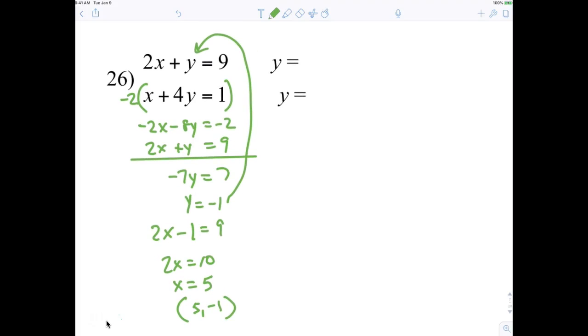So here we go. Now, for this, I just need to move the 2x, right? So do I really need a parentheses on this one? No, because I'm dividing by 1. So this is just 9 minus 2x. On the other one, parentheses, or you could just say 1 minus x, and then divided by 4.